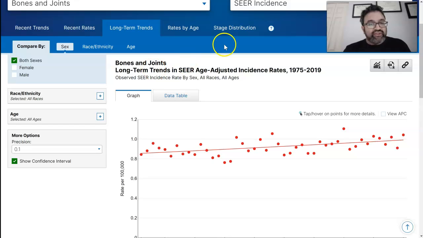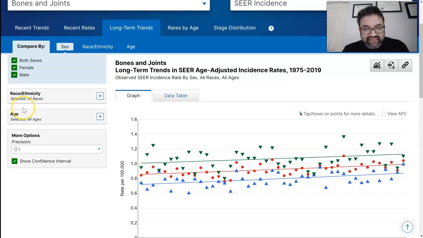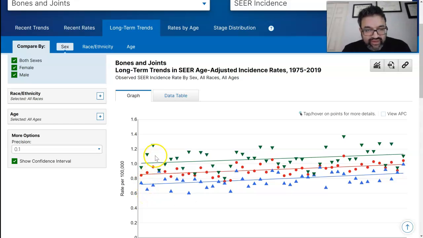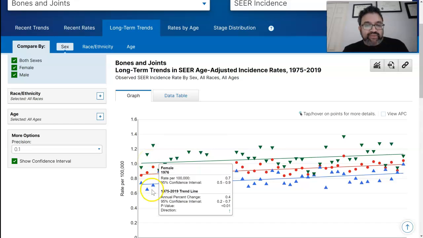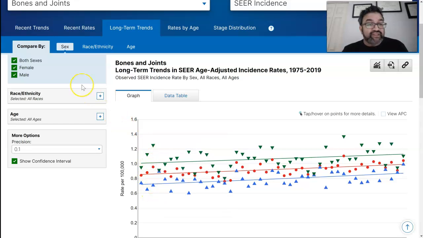If you wanted to look at both sexes and then males and females, you could do that. And you can see that bone cancer is more of a male problem than a female problem, but with a slightly higher propensity.